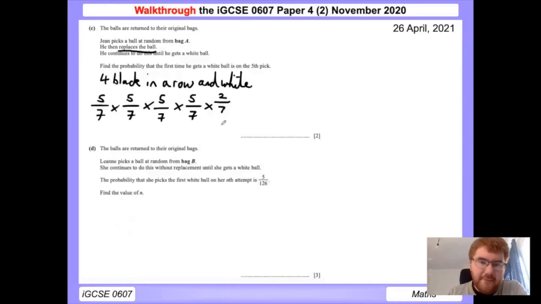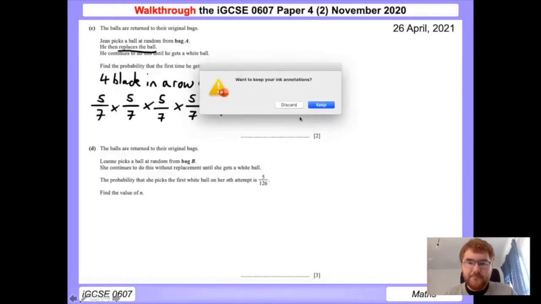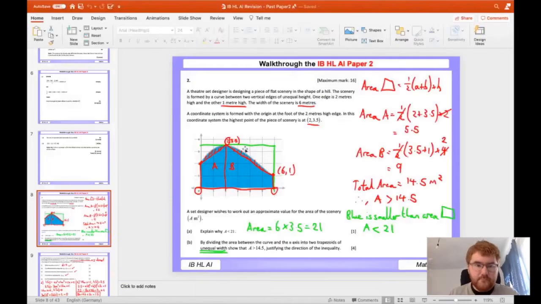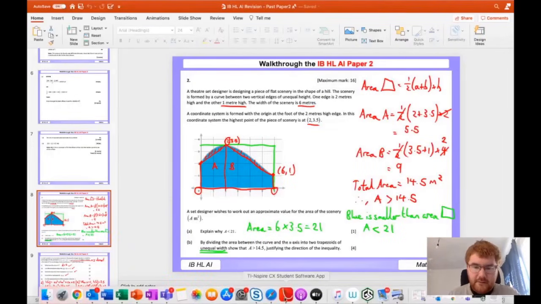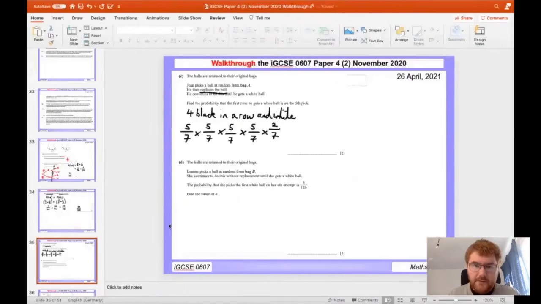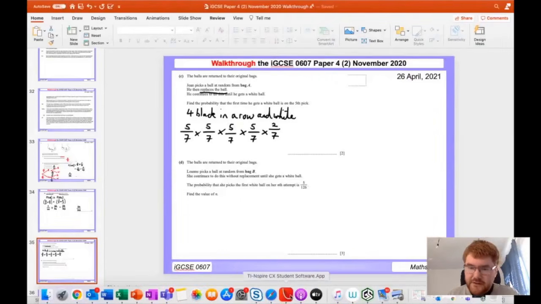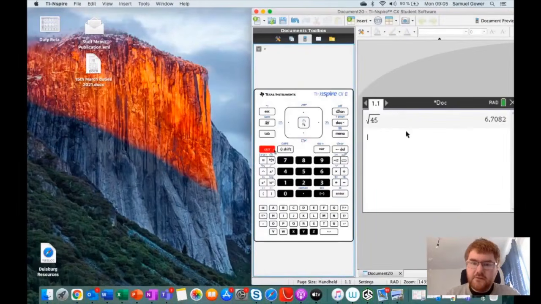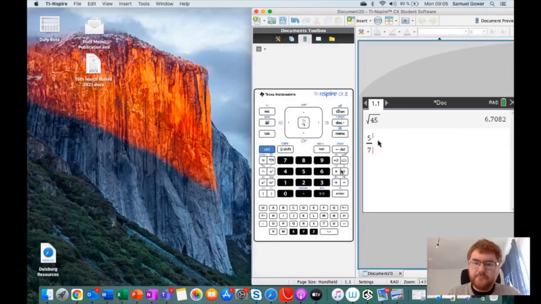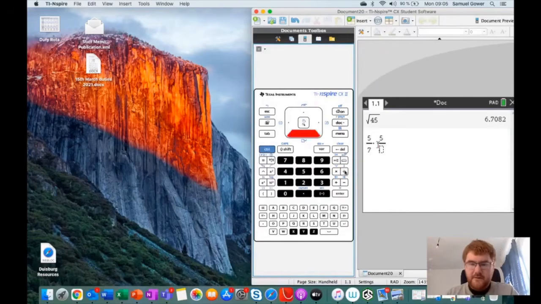So we have a very, very long fraction to work out, which I am going to do on my calculator. Okay, we're not doing this, we're doing this. Let me get my GDC out. So control, divide for the fraction, 5 over 7 times, this is going to take patience, so control, 5 over 7.